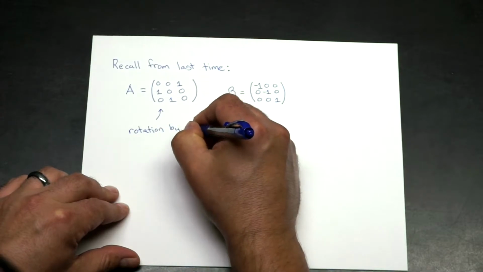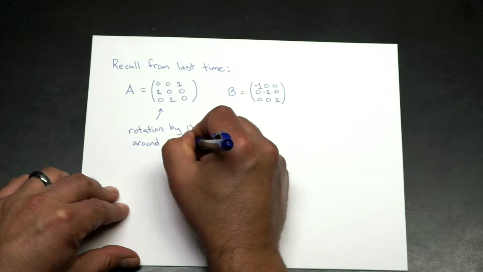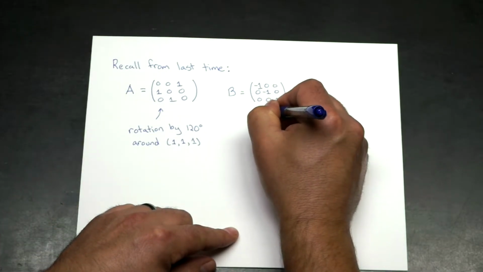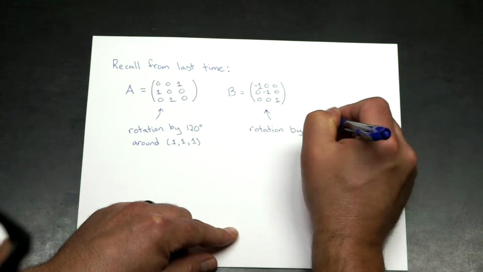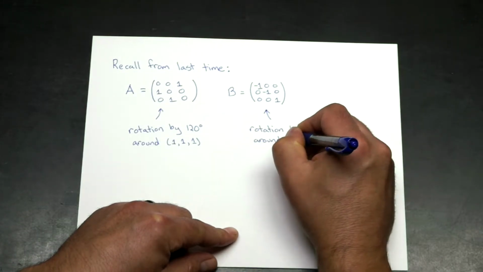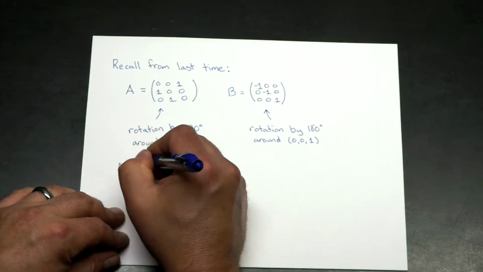A is a rotation by 120 degrees around the 1, 1, 1 axis, and B is a rotation by 180 degrees around the 0, 0, 1 axis.